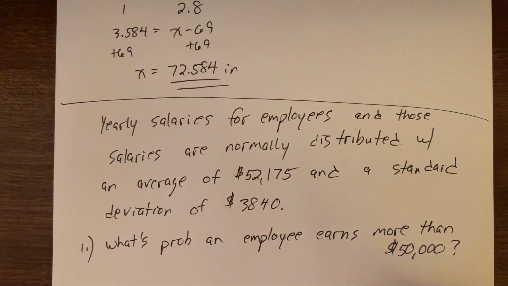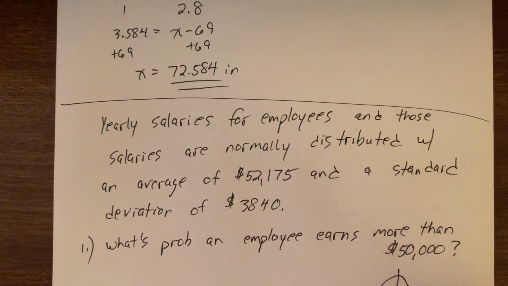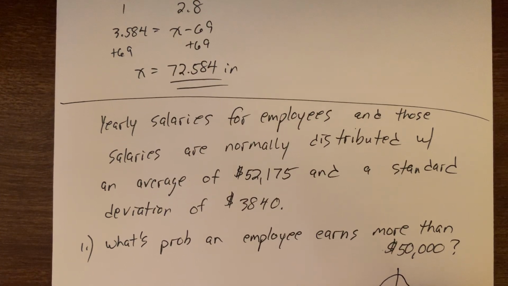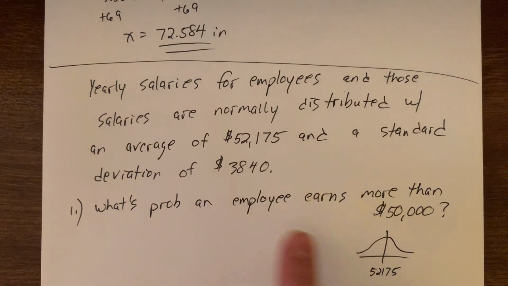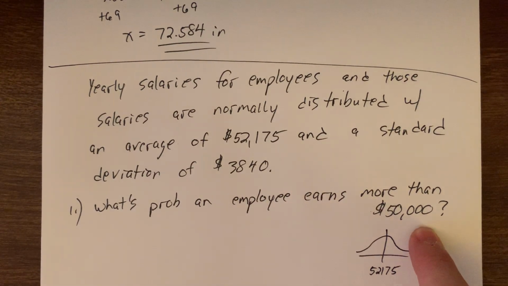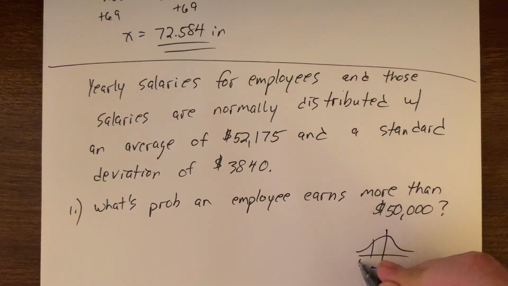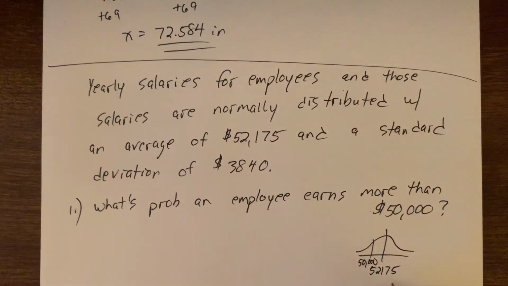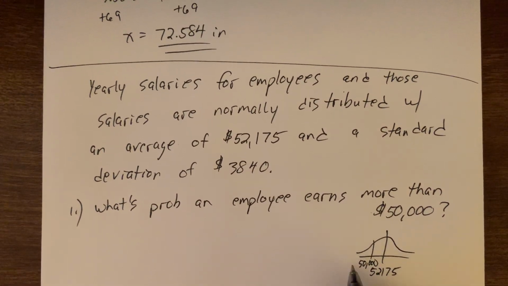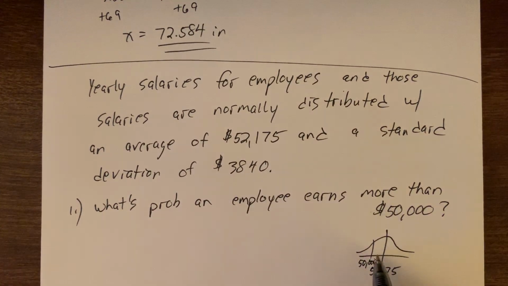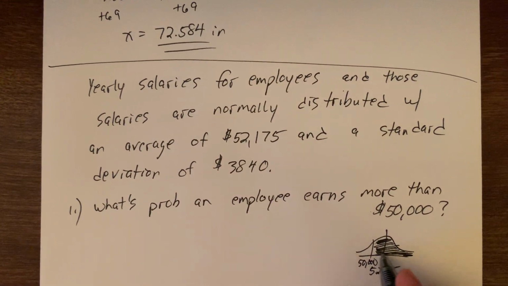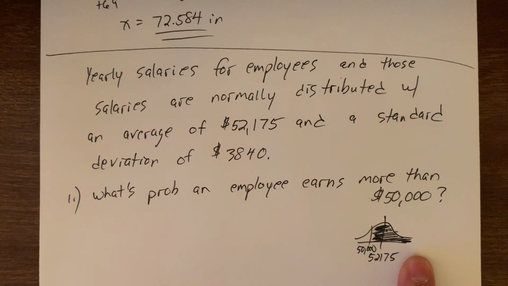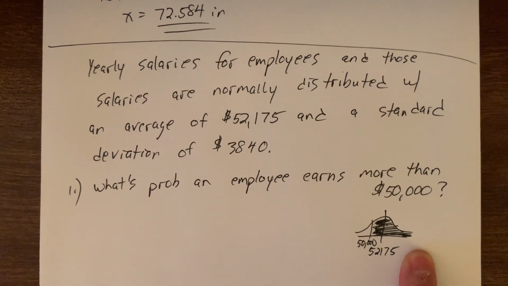I'm going to draw my bell curve. The average is the 52,175 in the middle. I want an employee to earn more than 50,000. Well, 50,000 is less than that average, so it would be over here. But we want people who earn more than this total. Would give me this as my shaded region.